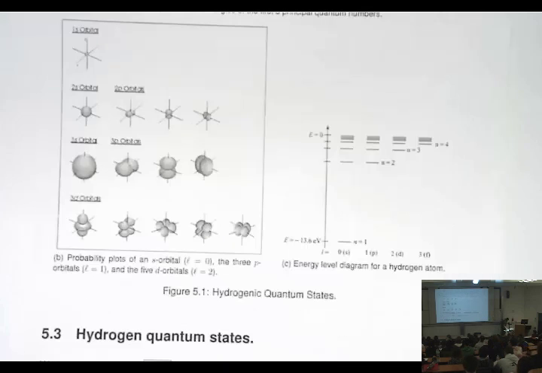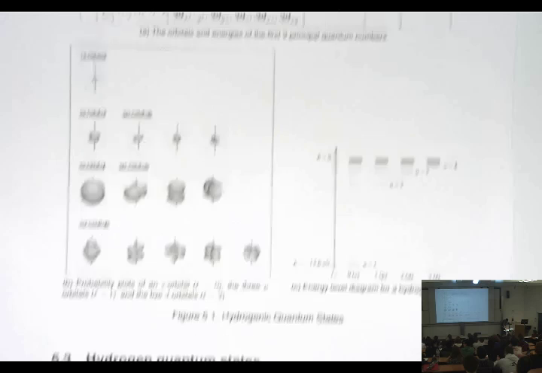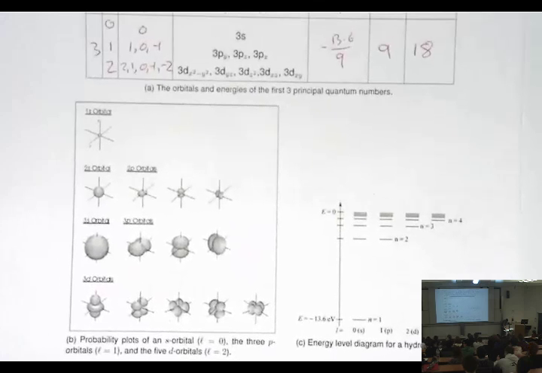What do they look like? We've drawn all these a few times, but this is now the angular dependence and the radial dependence combined. So the 1s is a tiny little sphere hugging the origin. The 2s is a bit fatter. The 3s is fatter still. Then we've got the dumbbells for px, py, and pz, depending on how you draw space.